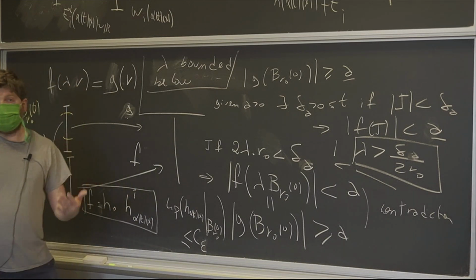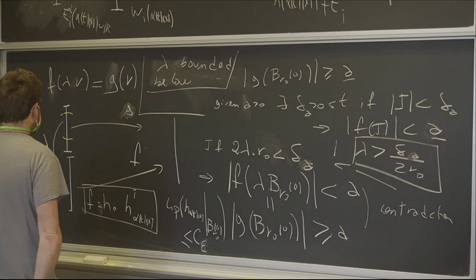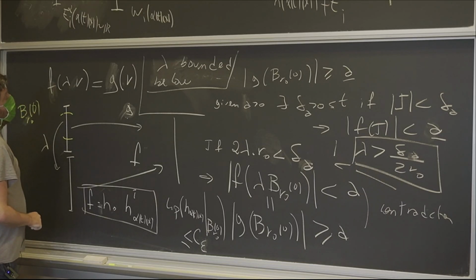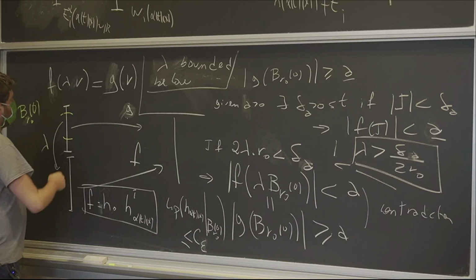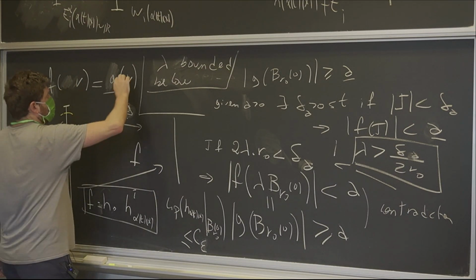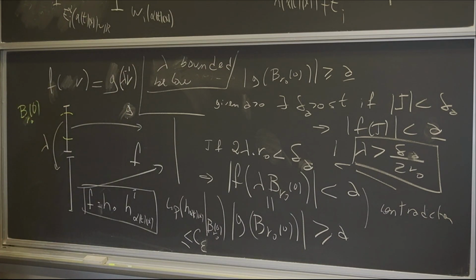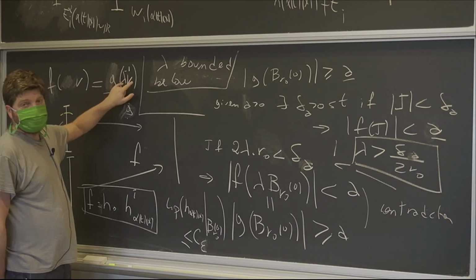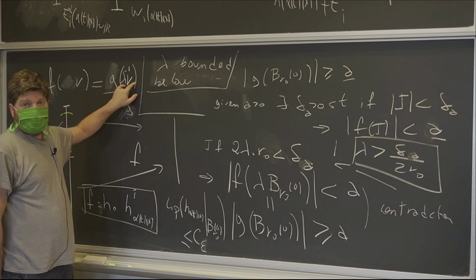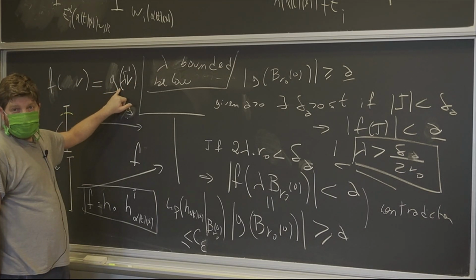Now, how to bound it above? Okay, so how to bound it above was exactly what Alp said. I can write this formula as well this way, that f of b is g of lambda inverse b. Now the roles of f and g will be reversed.